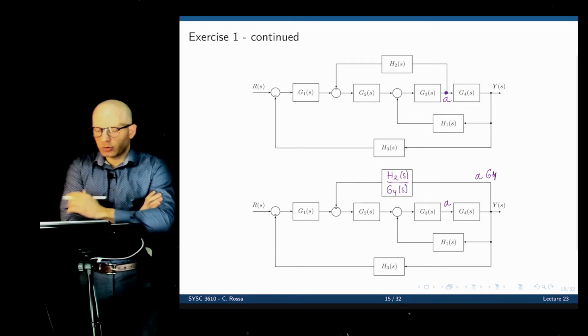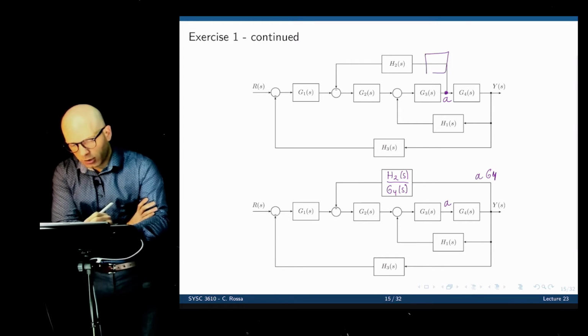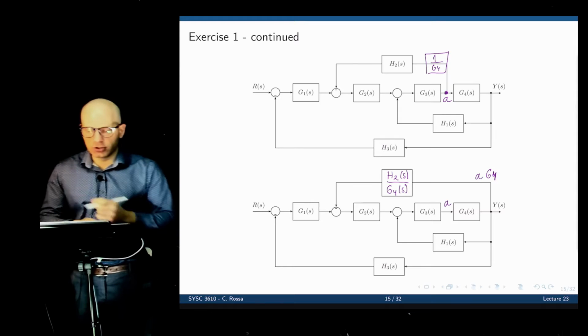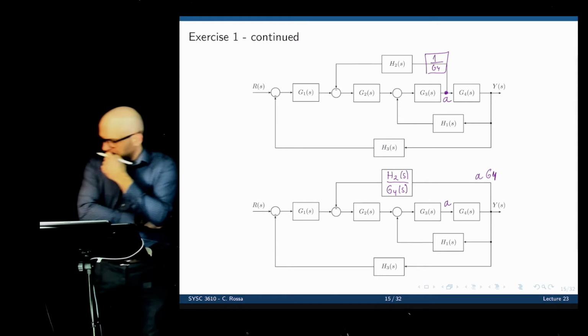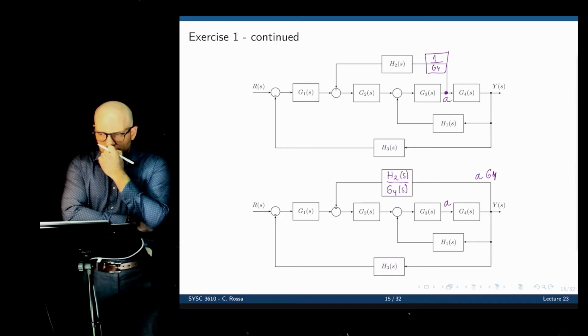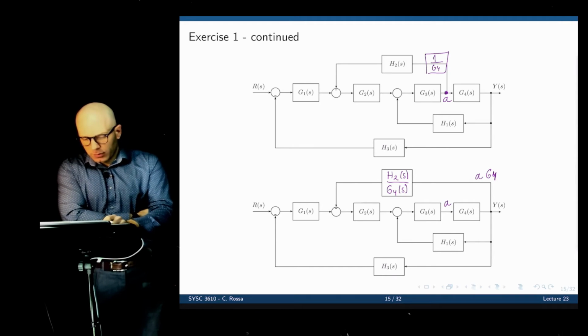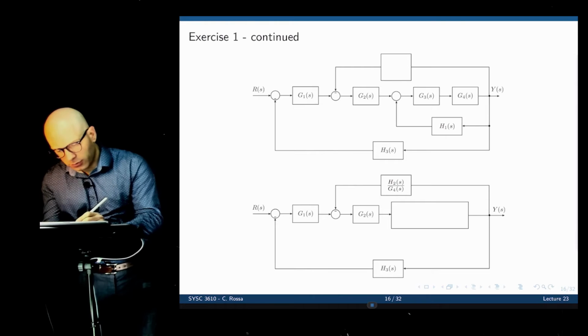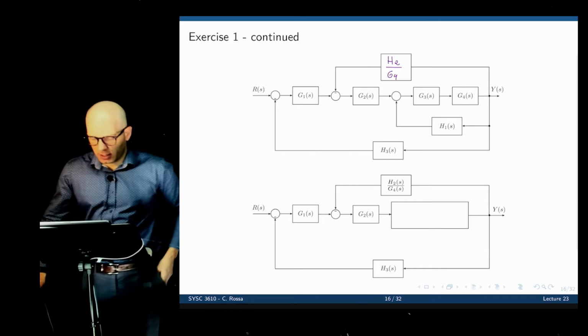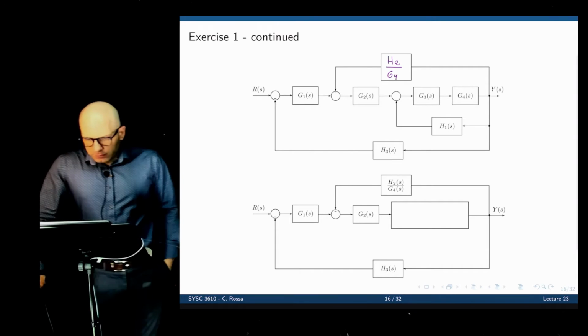I could have just written here another block 1 over G4, right? But I'm now combining G4 and H2, so we have H2 divided by G4. Yeah, it makes sense. Alrighty, so here we now have H2 divided by G4, all functions of S, of course. I'm just omitting that for now.